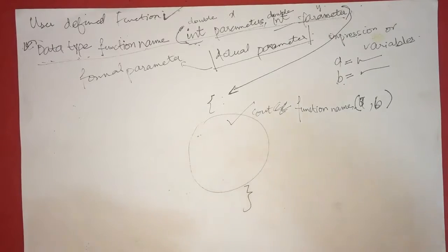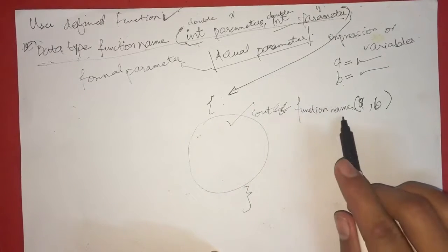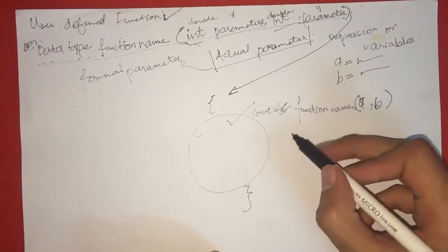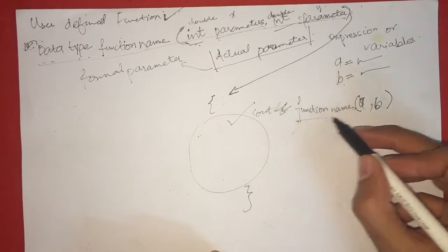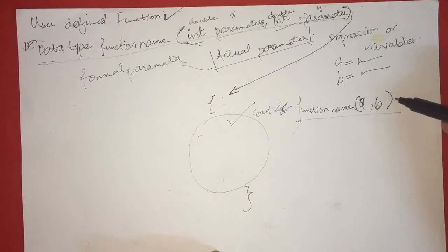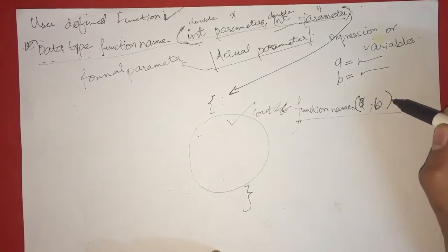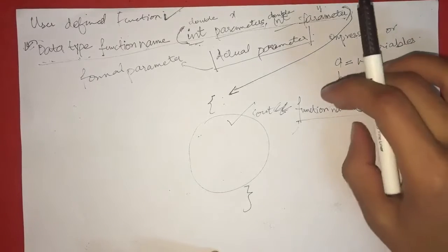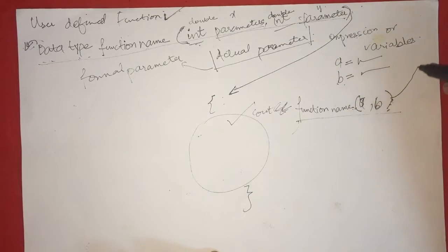What this function is going to do when you call it is that the control will transfer from the place where you call the function to the function body itself.